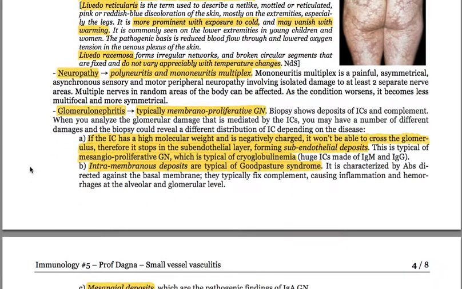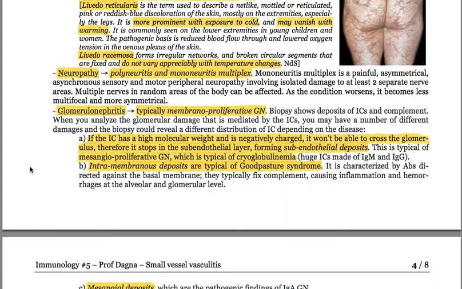If the immunocomplex has a high molecular weight and is negatively charged, it won't be able to cross the glomerulus, therefore it stops in the subendothelial layer, forming subendothelial deposits. This is typical of membranoproliferative glomerulonephritis, which is typical of cryoglobulinemia, huge immunocomplexes made of IgM and IgG.